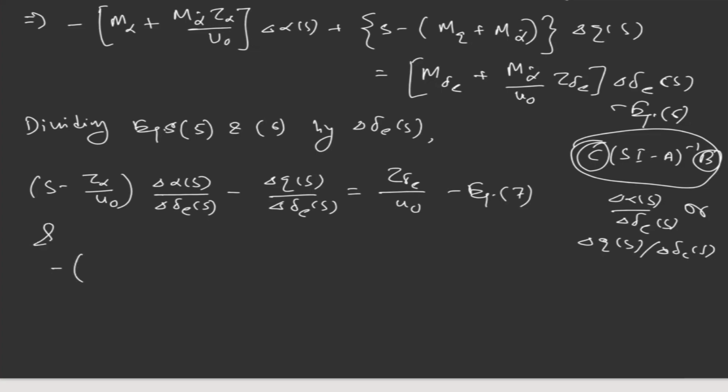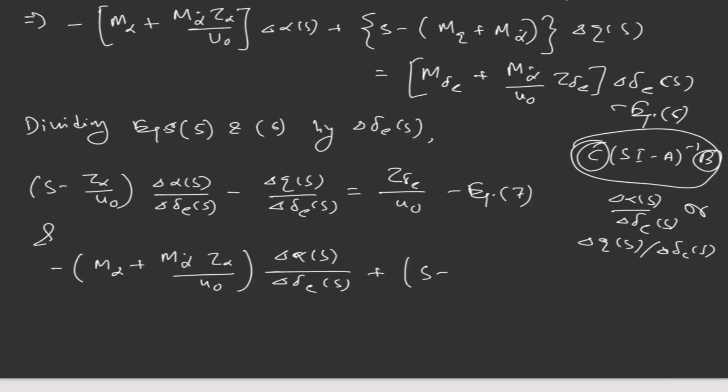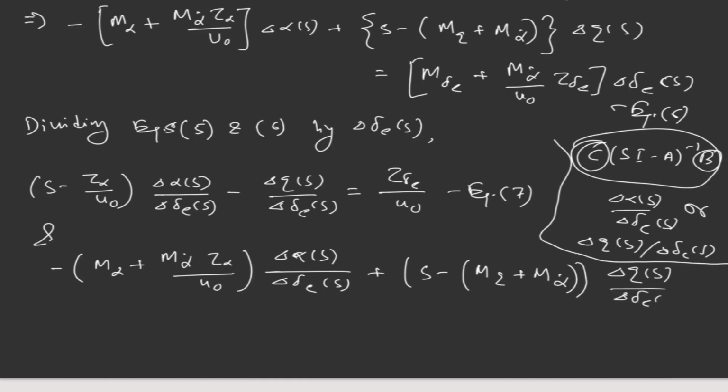minus m alpha plus m alpha dot g alpha divided by u naught, delta alpha divided by delta ES, plus S minus mq plus m alpha dot, delta QS divided by delta ES, equal to m delta E plus m alpha dot g delta E divided by u naught.